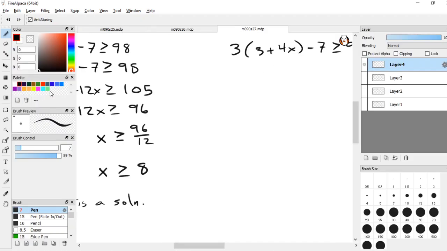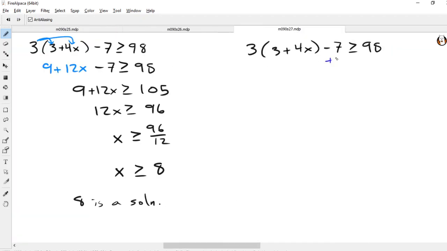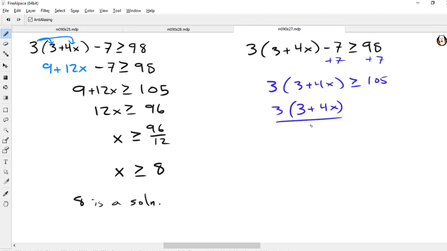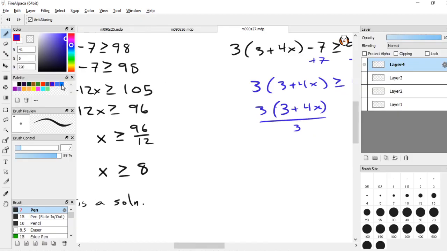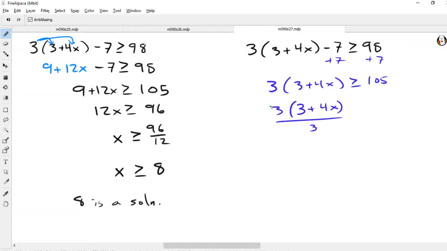Now, what was I saying about not distributing? Well, what I'm going to do is add 7 to both sides. We'll get 3 times the quantity 3 plus 4x is greater than or equal to 105. And then we're going to divide by 3. See, because this is 3 times what's on the inside of the parentheses, these 3's will reduce out.